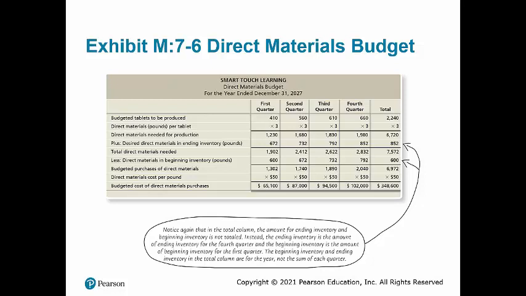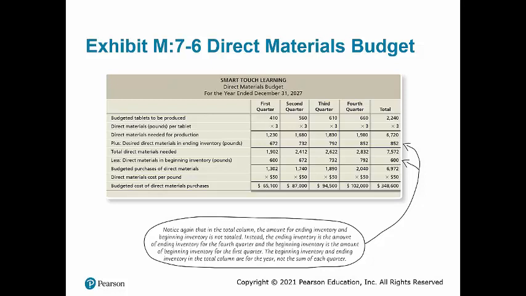Then we have to subtract the direct materials that we already have on hand at the beginning of the quarter. Remember, for the first quarter, that amount will have to be given to you. So the 600 pounds for the first quarter would have to be told to you in the problem.